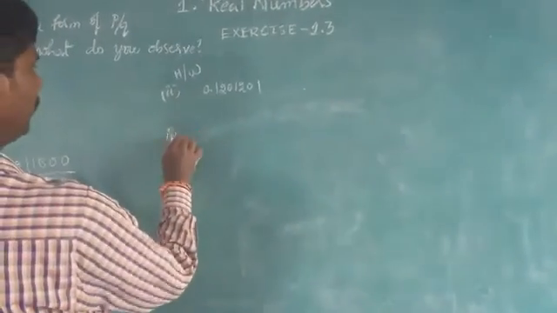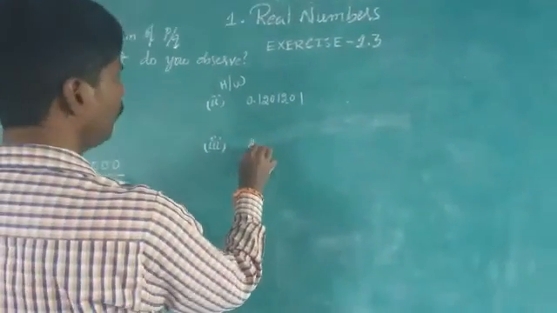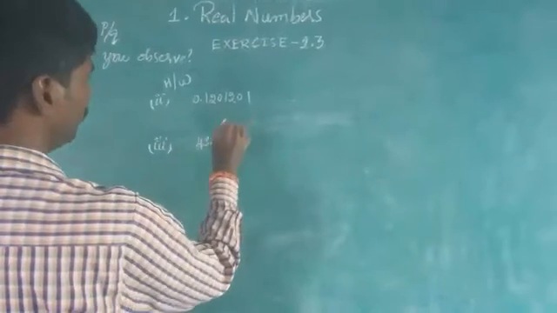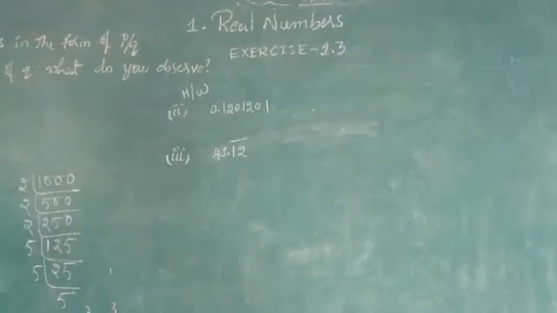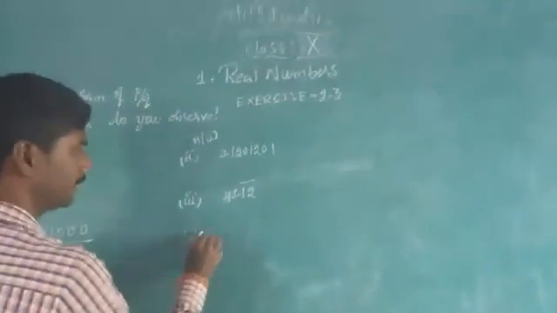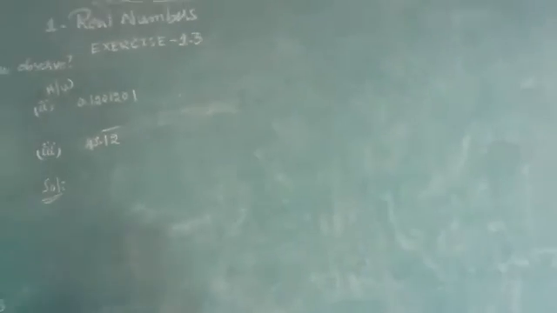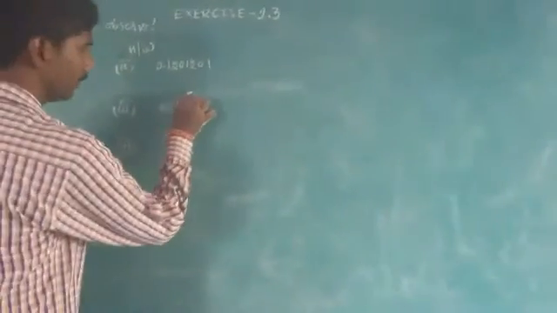What the third problem here is 43.12 bar. What you have to do is write this decimal in the form of P by Q. This you learned in the 9th standard, in the 9th standard first exercise, because it is there with the bar.